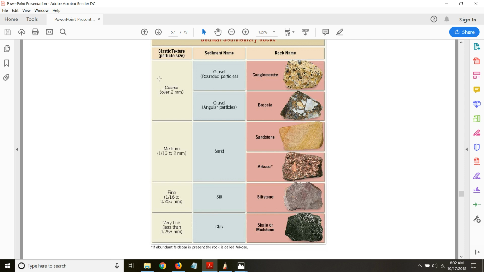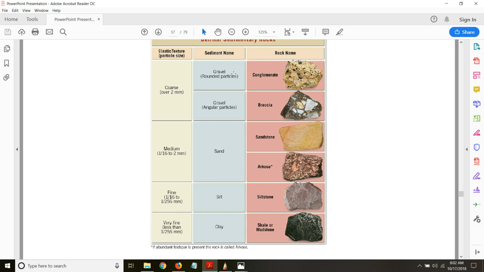Sedimentary rocks are called coarse sedimentary rock when the constituent sediments are larger in size, over 2 millimeters in diameter, and there are two different types: conglomerate and breccia.